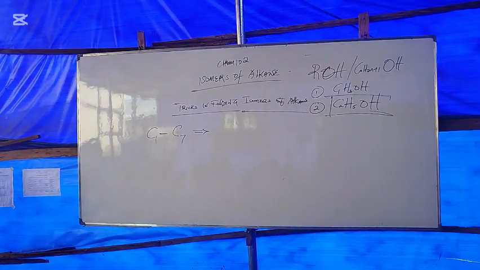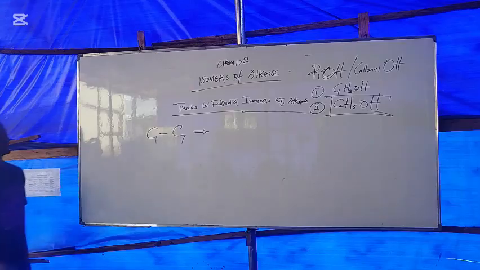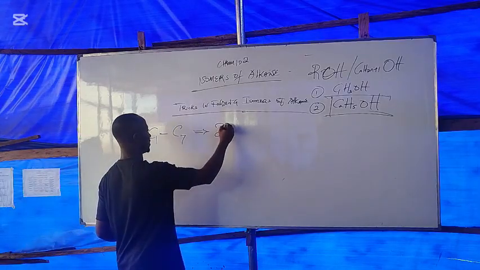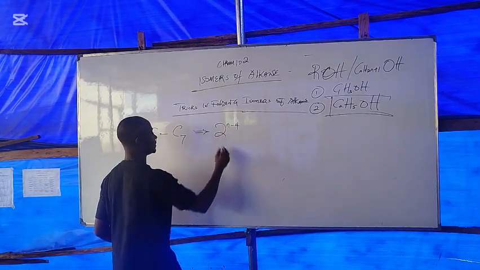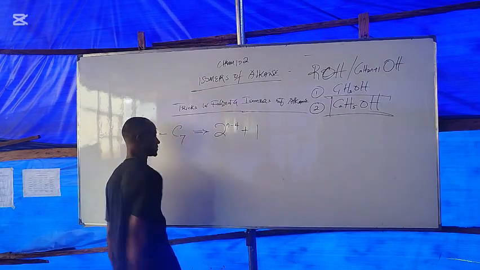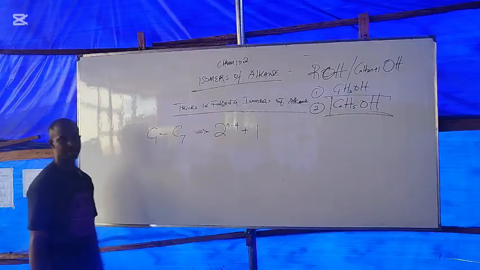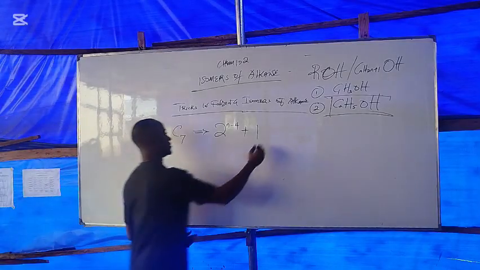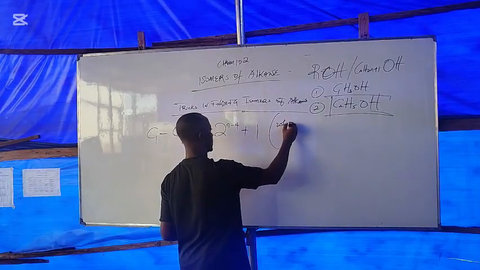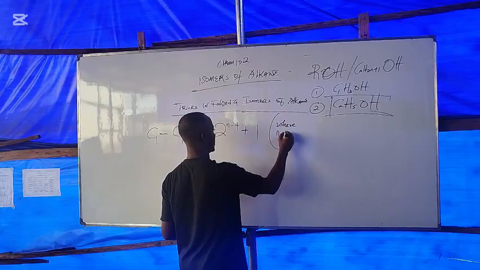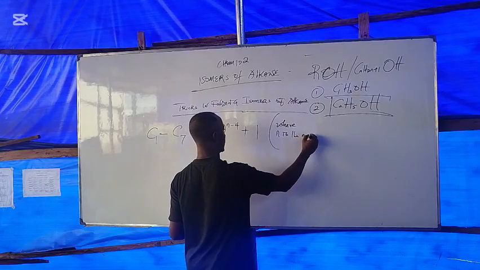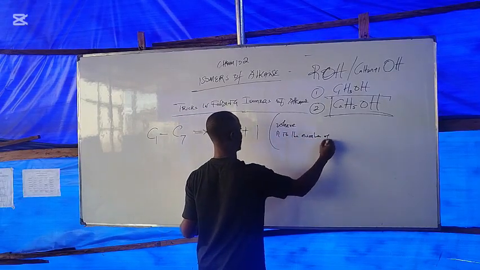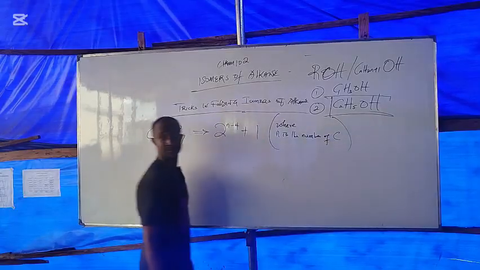Let me get the formula I gave: 2 raised to the power n minus 4, plus 1, where n is the number of carbon.